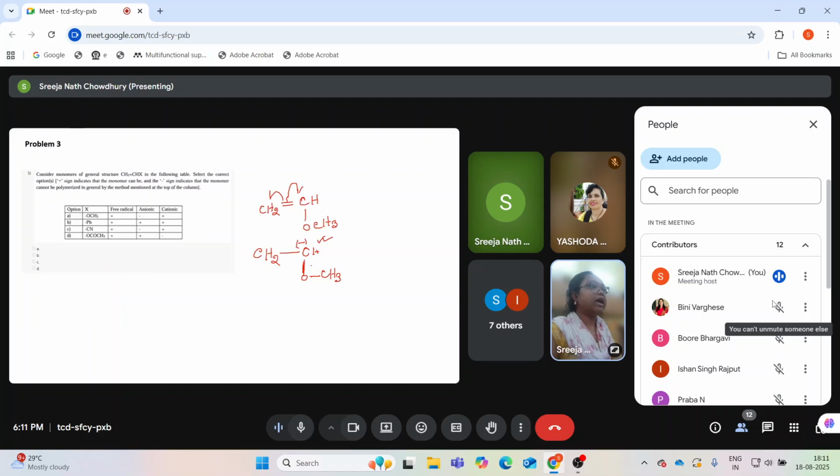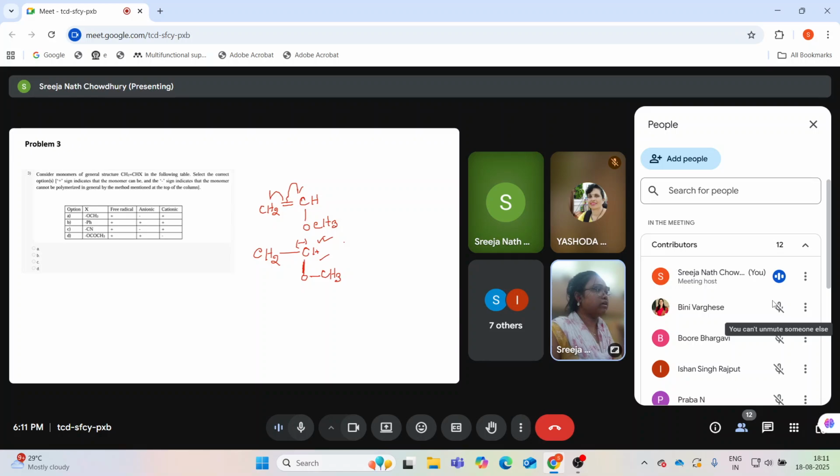So anionic polymerization may happen, but cationic polymerization cannot happen as OCH3 is an electron withdrawing group. If the carbocation forms, it will be very unstable because OCH3 is an electron withdrawing group. So cationic polymerization cannot happen. So the first one is wrong.